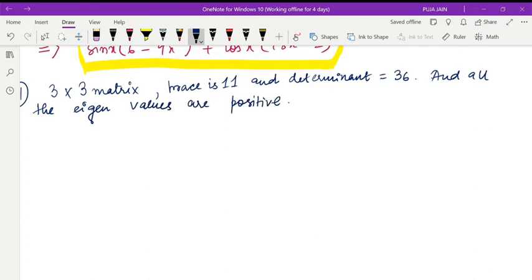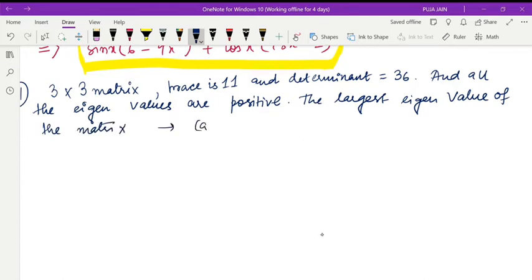The question is, we need to find the largest eigenvalue of the matrix. Options are: first option is 18, second is 12, third is 9, and the fourth one is 6.